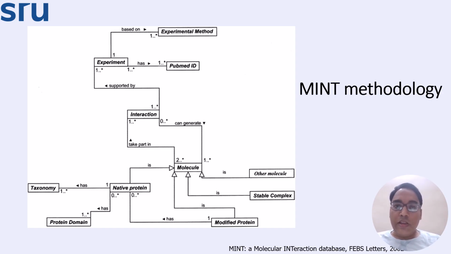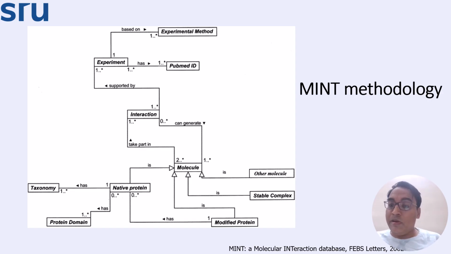If the MINT database finds in PubMed, in already published research papers, that some protein is shown to be connected to some other protein, forming a stable complex, then what is the interaction connecting both of them, first, and how the methodology has shown this connection. These few details are properly analyzed and then deposited in the MINT database.